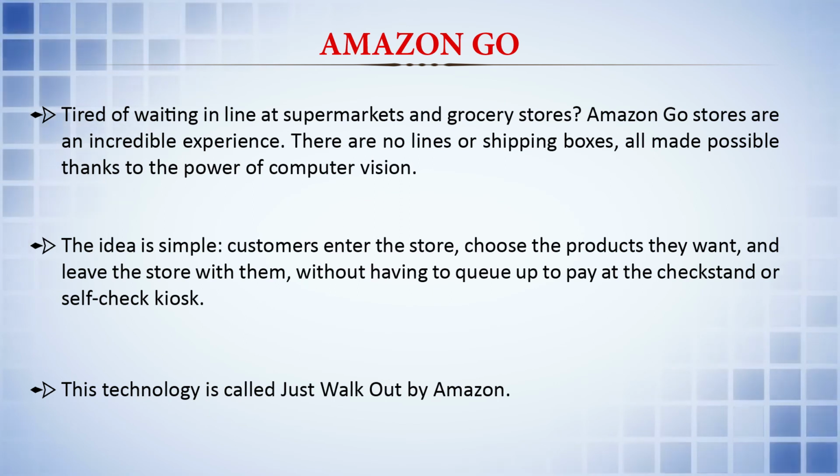Next, I forgot to mention the payment. The payments will be done automatically. Suppose you had inputted your card before, or else it may have some sort of sensors, wherein the payment will be automatically deducted from our credit or debit card.